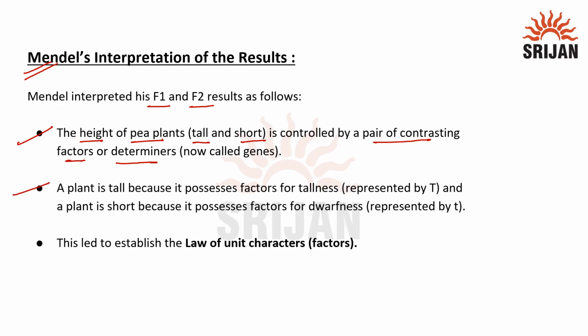And a plant is tall because it possesses the factor of tallness, and another plant is short because it possesses the factor of dwarfness. So here you can see a plant is tall because it has a factor of tallness, and it is a dwarf plant because it has the factor for dwarfness. And because of this, a law was established that is called the law of unit characters or factors.